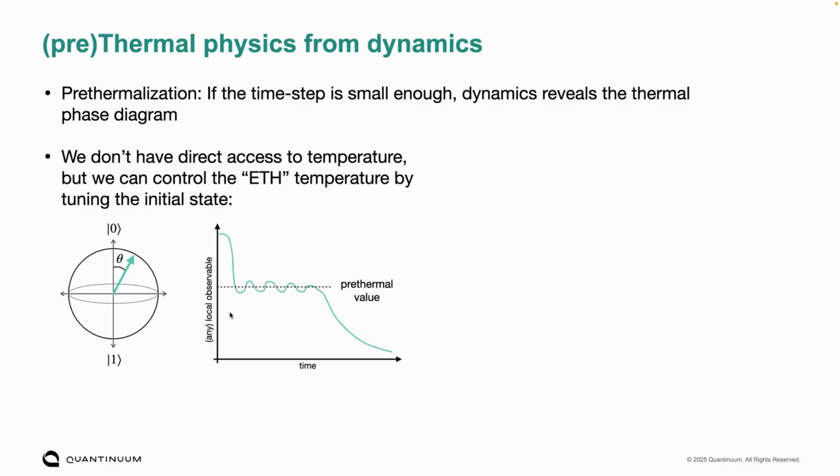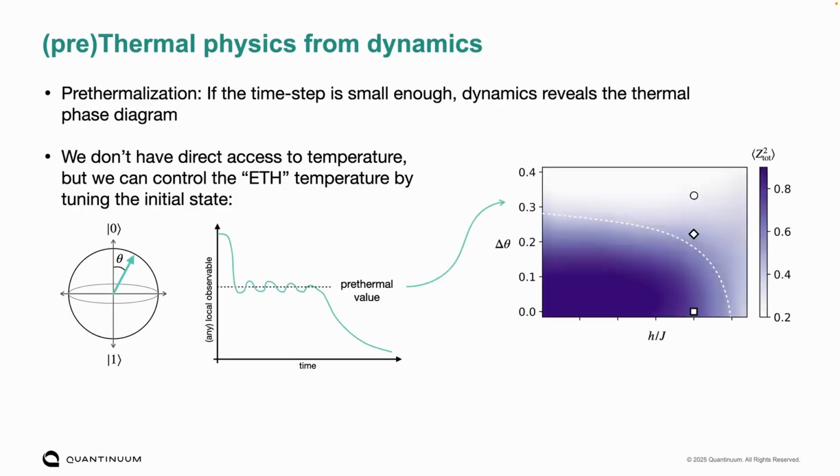And now, what we expect to happen is you evolve this state with some initial energy, and over very long time scales, it will pre-thermalize to a value that corresponds to a temperature set by the initial energy. And so in that way, this is just from very small system numerics, I think on a 4x4 system, you could imagine mapping out something like a phase diagram by just time evolving different states, where you just tune the angle of the initial state to effectively control the temperature, and then the transverse field strength on the x-axis.